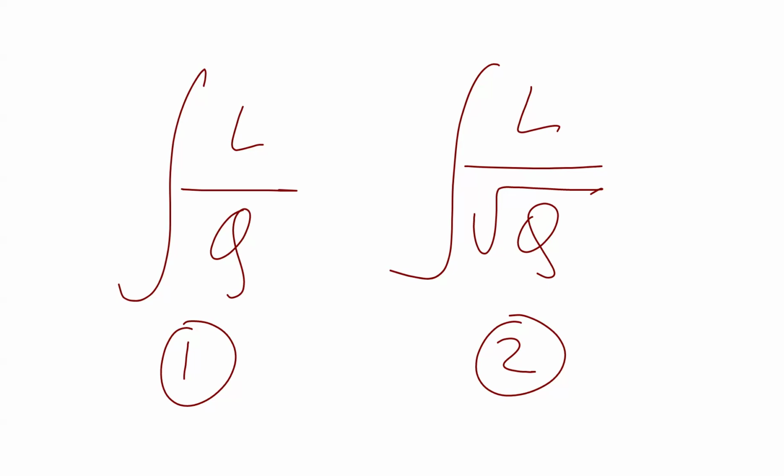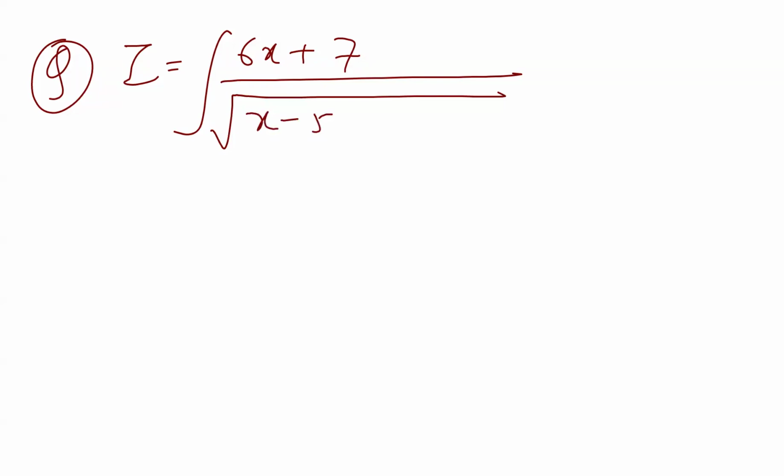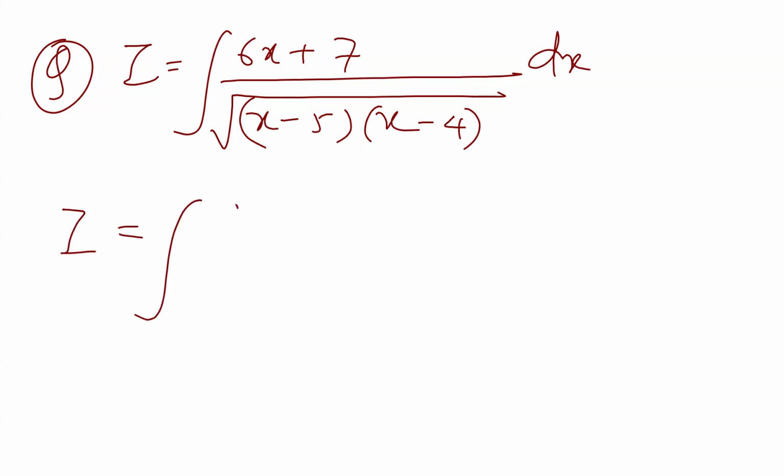So the first problem that I'm going to take up is something like this. Integration of 6x plus 7 upon root of (x minus 5)(x minus 4) dx. Now see, we'll multiply the two brackets within the root in the denominator.